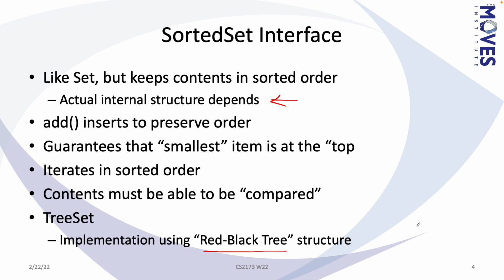All you need to know is that Java has an implementation called TreeSet. The name implies the fact that it's using a tree and is a set. And that's really all you need to know.